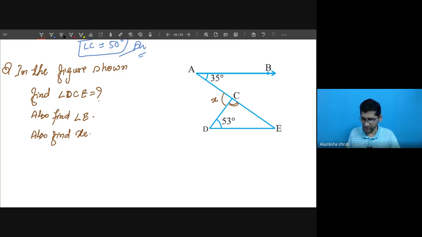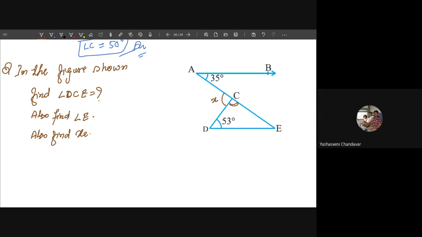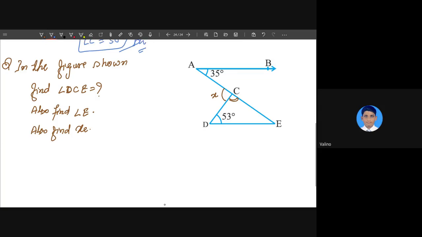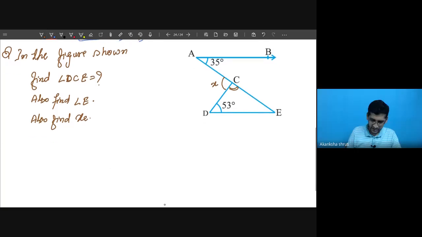Which one is parallel to which one? That you have to take care. Angle E will be 35 degrees, not the angle X. Very good. AB is parallel to DE. So there you have to apply this for calculating angle E, not the value of X. So solution, student. Let me draw this figure once again.